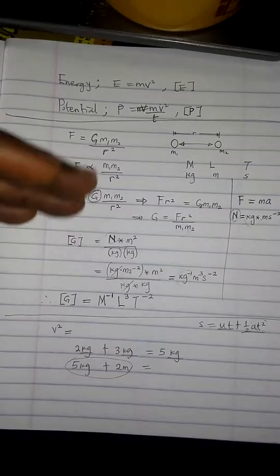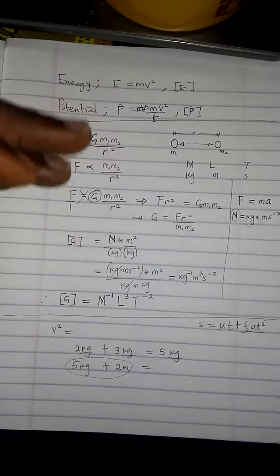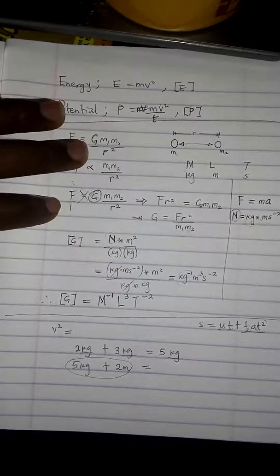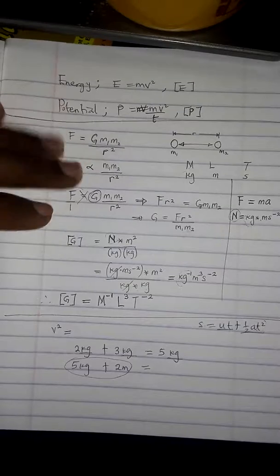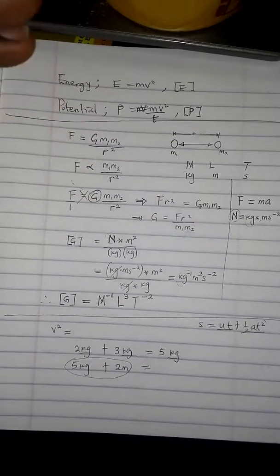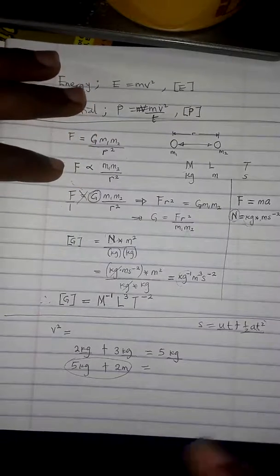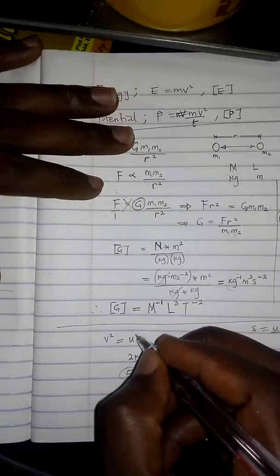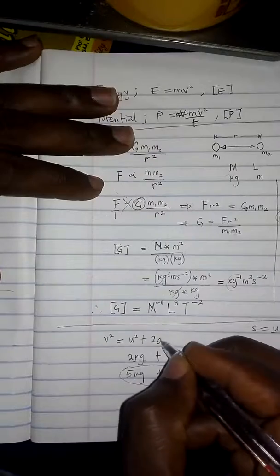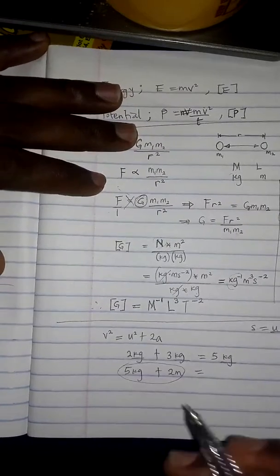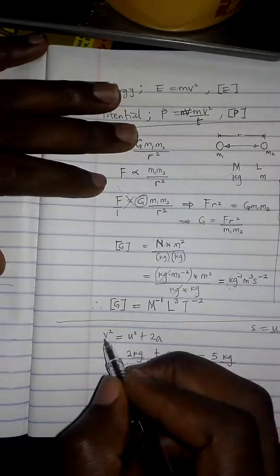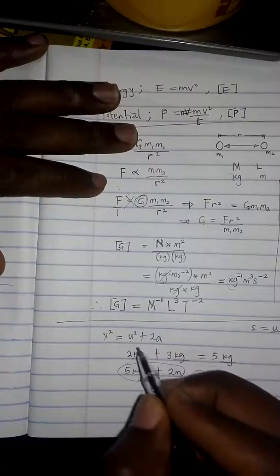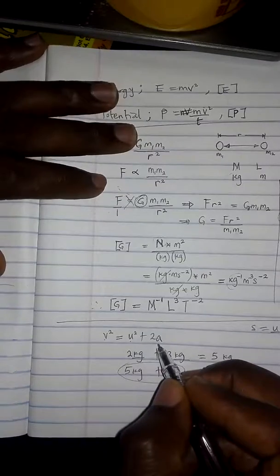And that would suggest, not establish, that the equation is probably correct. Now look at the options we were given. We have v square is equal to u square plus 2a, where v is final velocity, u is initial velocity, and a is acceleration.